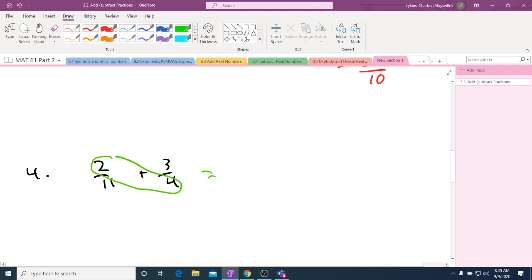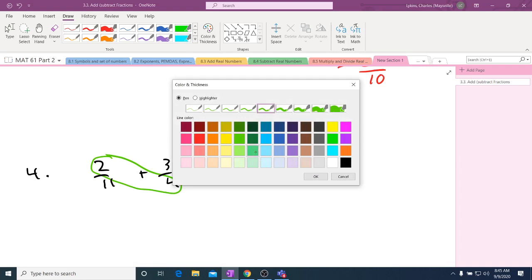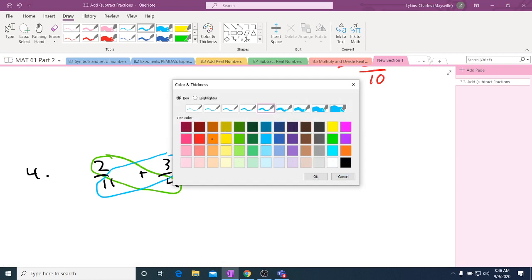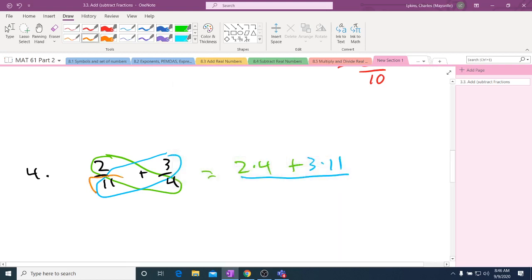Okay, my next one, 2 times 4 plus, then I do 3 times 11, which is 33, and put it over this 11 times 4.